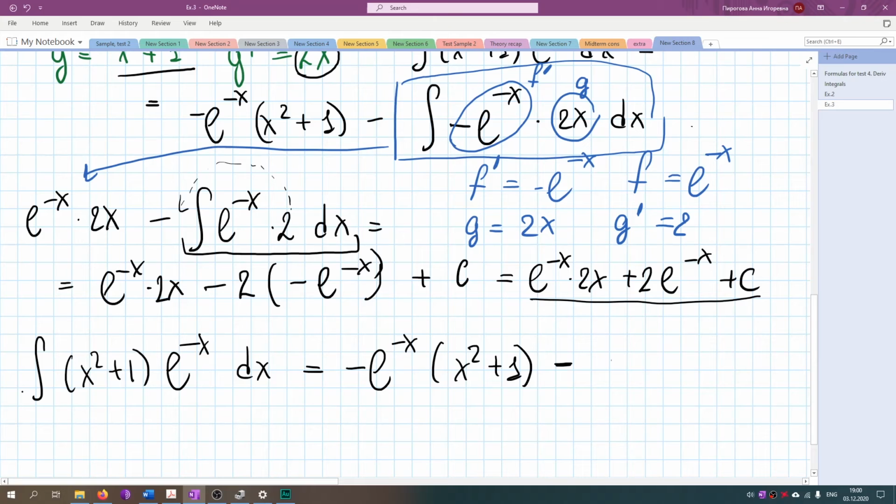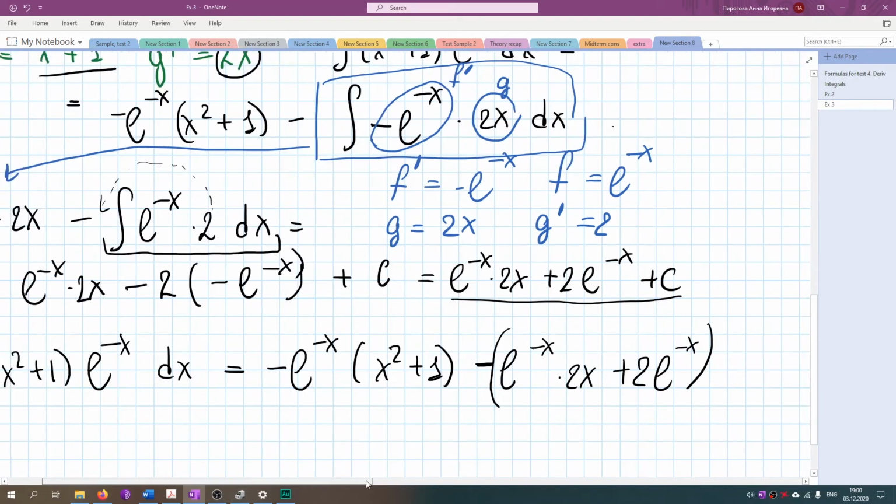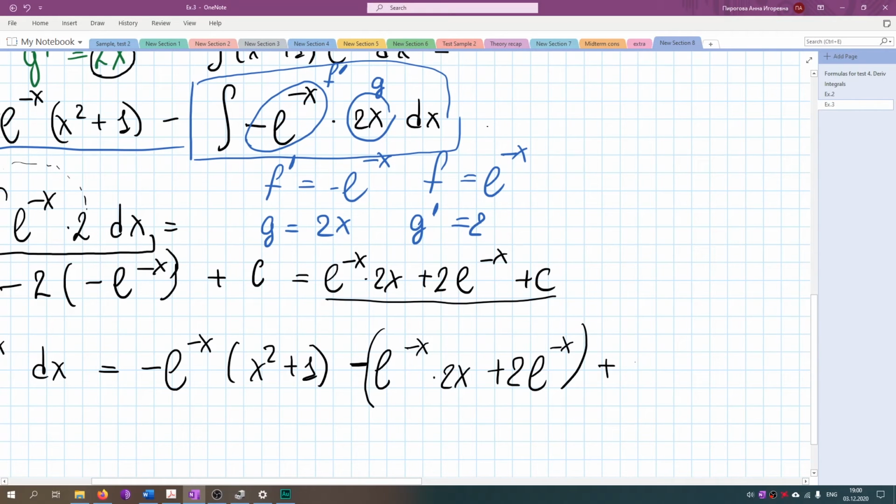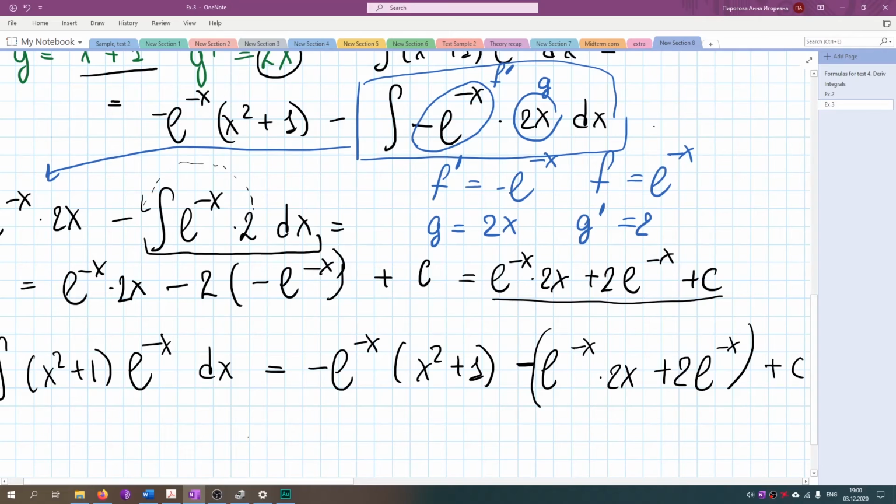So minus e minus x multiplied by 2x plus 2e in the power of minus x, and I'll add the constant in the end because it doesn't matter if it is with plus or minus.